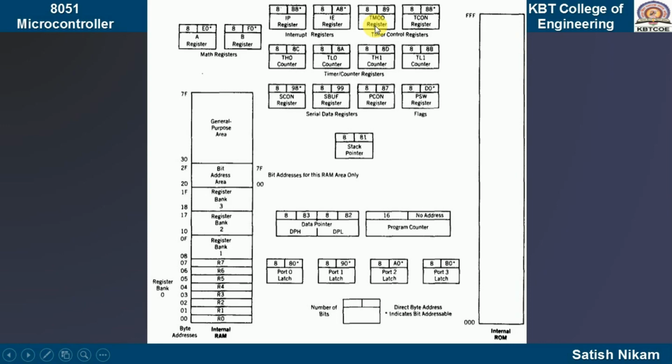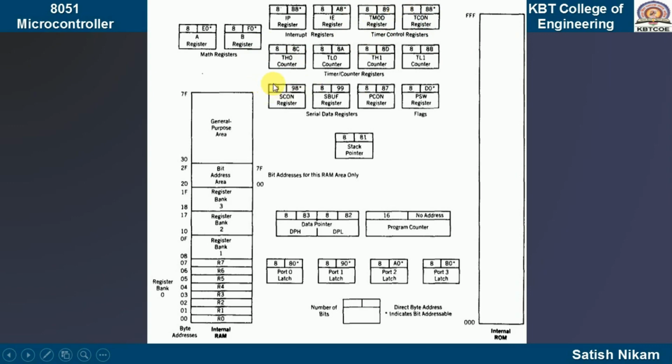Again, to control the operation of timers we have one register, that is the TCON register, the timer control register. So the TMOD register is used to select the different modes of the timer, and the TCON register is used to control the operation of a timer. So these total 6 registers are related with my timer and counter block.